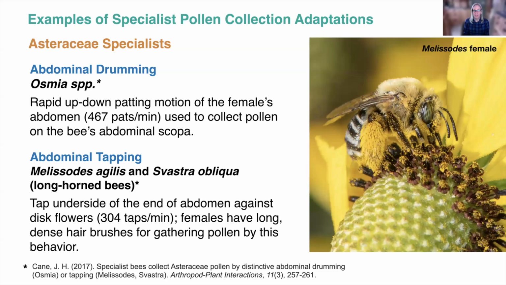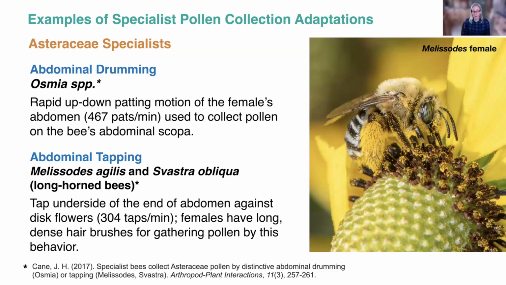And coincidentally, these bees are in the Megachilidae family, which collect pollen on the bottom of their abdomen. And he found that they're patting the flower 460 pats per minute. So this real rapid tapping on top of the flower then transfers that pollen directly onto the abdominal scopa.